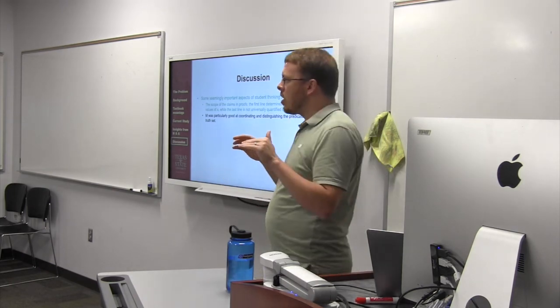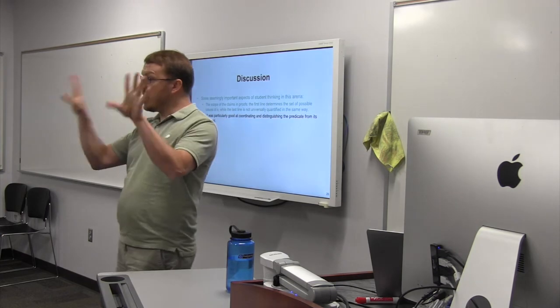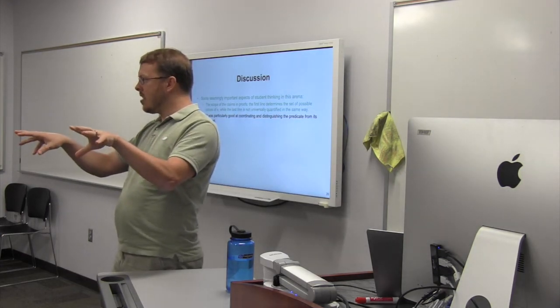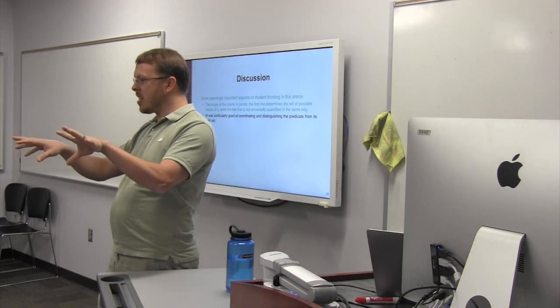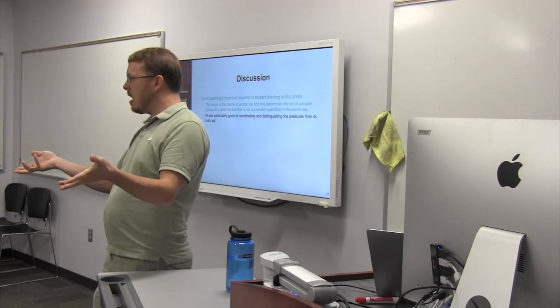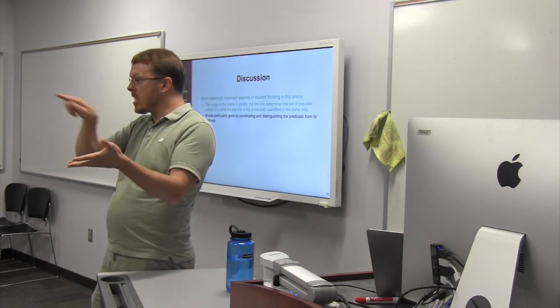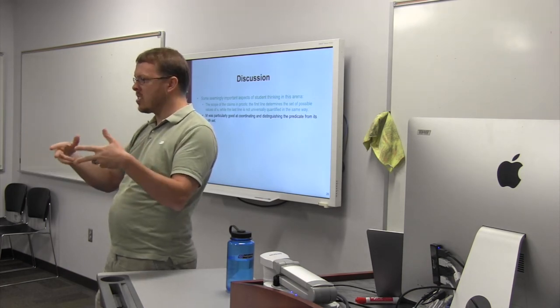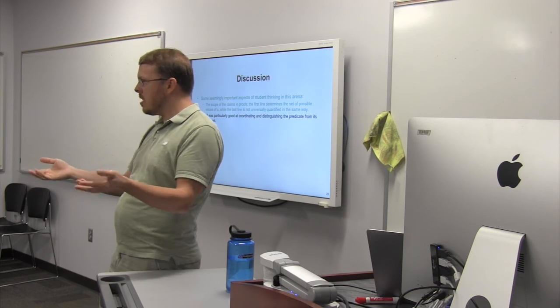What that allowed her to understand implicitly is that these are different predicates, even though they have the same truth set. They refer to the same objects, but they are different things. Therefore, you can have this directed relationship between these two predicates because they're distinct while still in agreement.